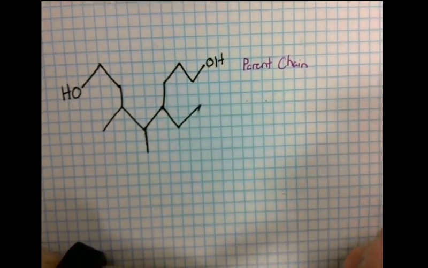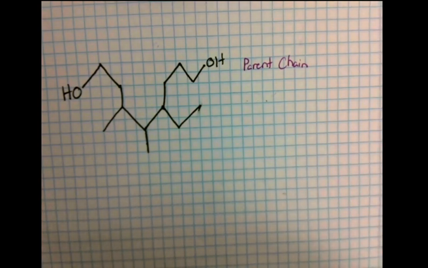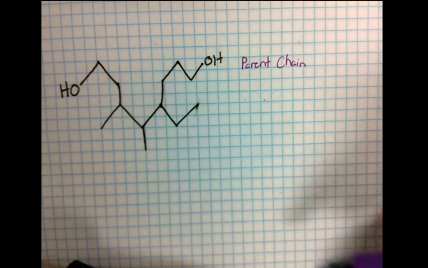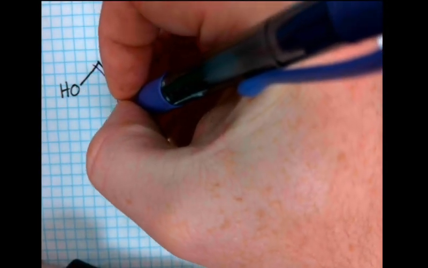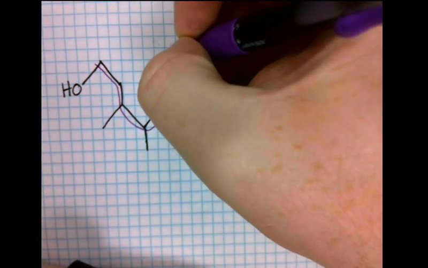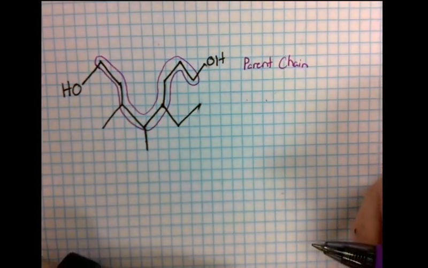There are 6 carbons there. But that is not the way that we want to count from because there are other carbons up here and down here. So instead, the longest uninterrupted carbon chain is actually going to be this chain right here. These guys right there, that is the longest uninterrupted chain.